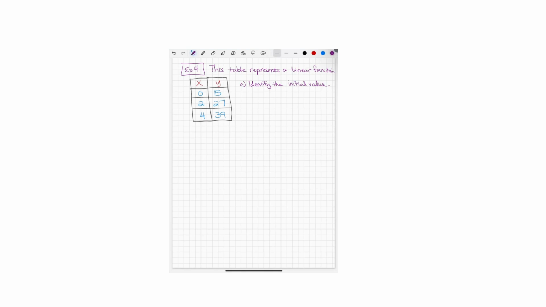You may have to peek back in your notes to see the 2 different ways that we write down initial values. There she is sitting at the tippy top of my table. You might say the initial value is 15. Or your teacher might want you to write out the whole point. There she is, 0, 15.